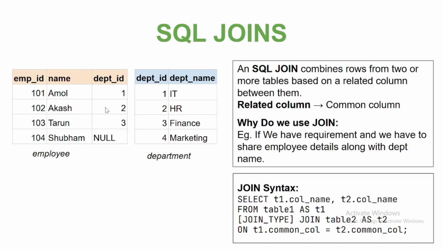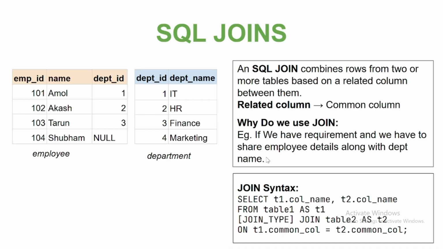So at that time we have to use a join on the basis of the related column, that is department ID, which is there in both the tables, and with the help of joins we can combine rows from these two different tables, and then share that data along with the employee and their department details.